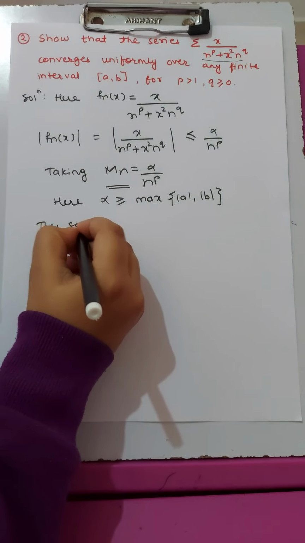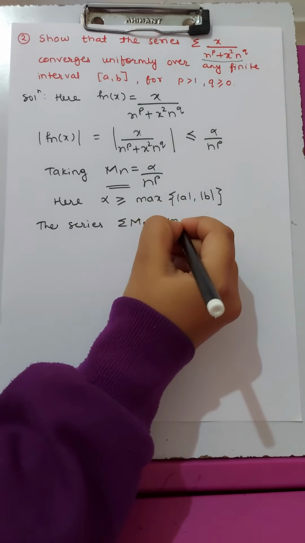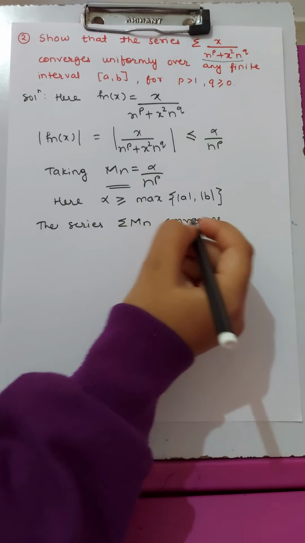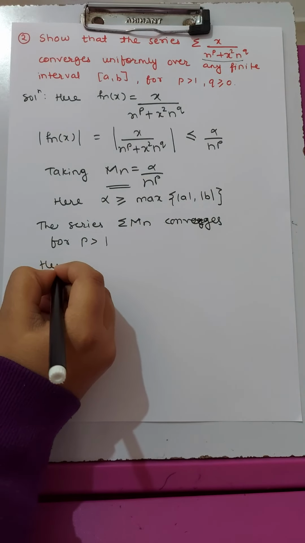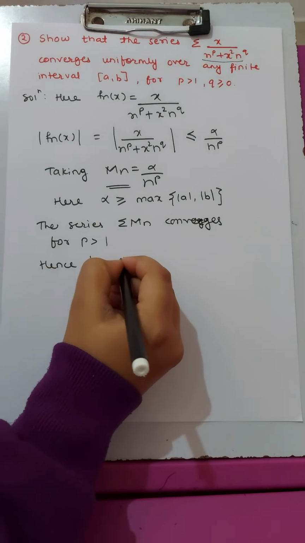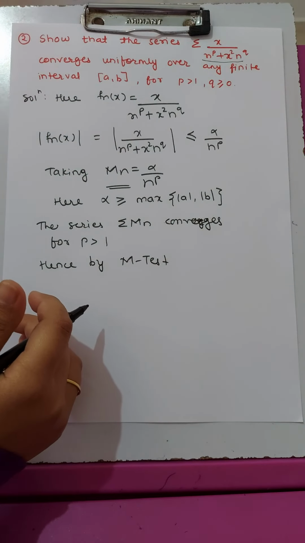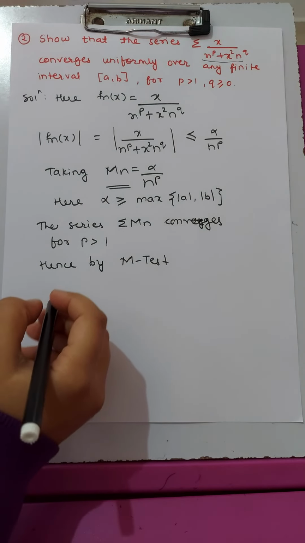So the series converges for p greater than 1, and hence by the M test we can say that this given series summation fn converges uniformly over the closed interval ab.